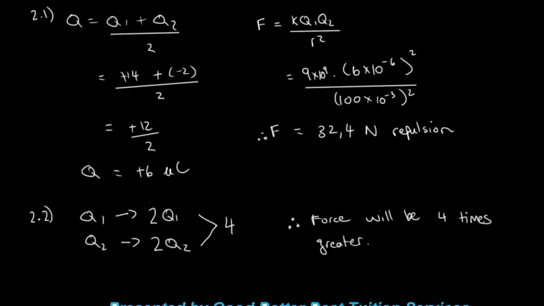All I did was double the charges. There's an invisible 1 in front of both of these. So if they are doubled, it's obviously 2Q1, 2Q2, and 2 times 2 will be 4Q1Q2. And that's 4 over 1, the distance is kept the same, so therefore the force will be 4 times greater. That's it. Does everybody understand that?